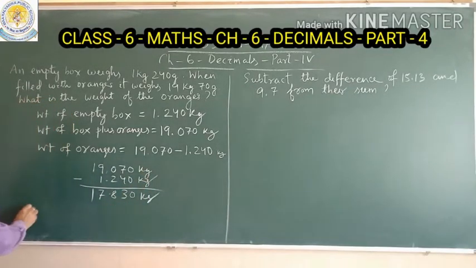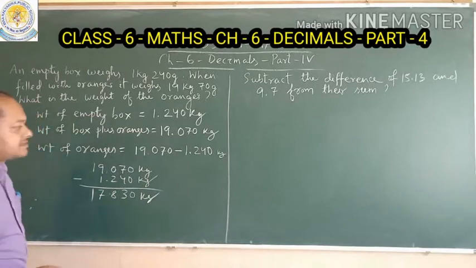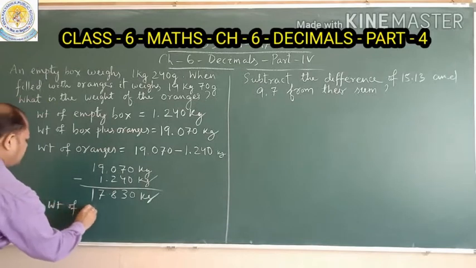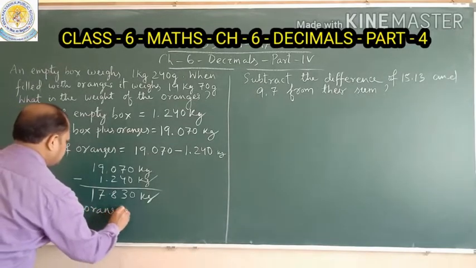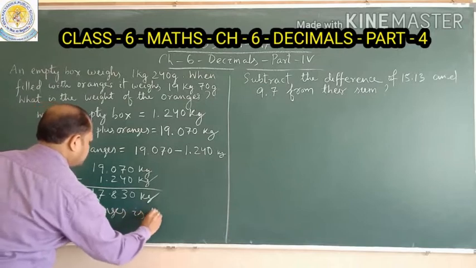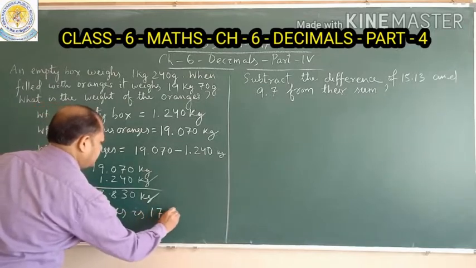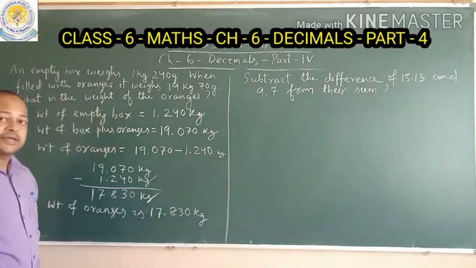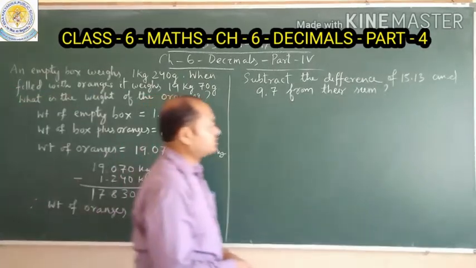Therefore, what is the question asking? What is the weight of the oranges? So write down, therefore weight of oranges is 17.830 kg.